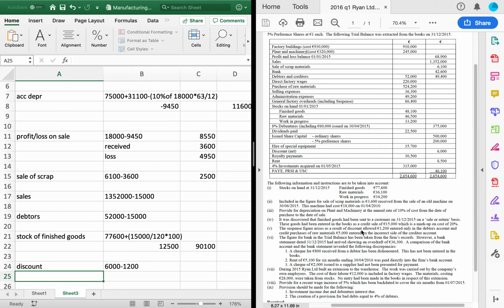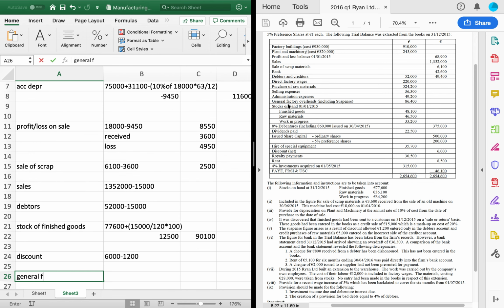Because debtors went down by 1,200, so it would credit debtors, debit discount. So if discount is a credit, you're taking it away. So that means that whatever incorporates general factory overheads needs to go down. This side has gone down by 1,200, so this side also has to go down by 1,200. So 86.4 needs to go down by 12.